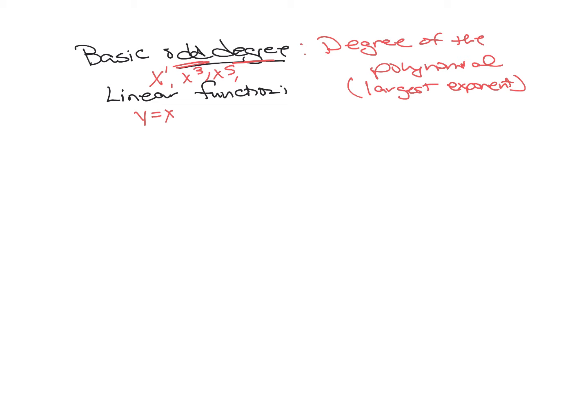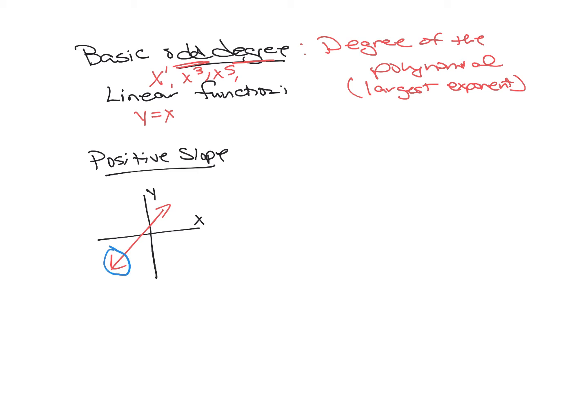All your odd numbers. So when we are looking at this and we say it has a positive slope with a linear function, a positive slope, I do a coordinate plane, x, y. Most basic function is like this, right? And so what we're focusing on here are these end behaviors.